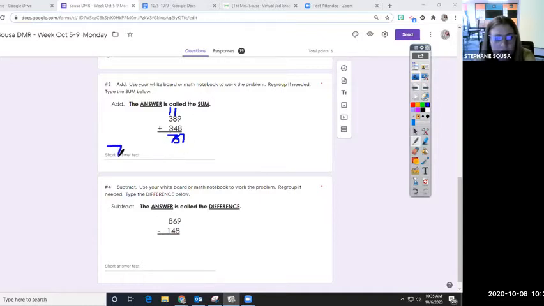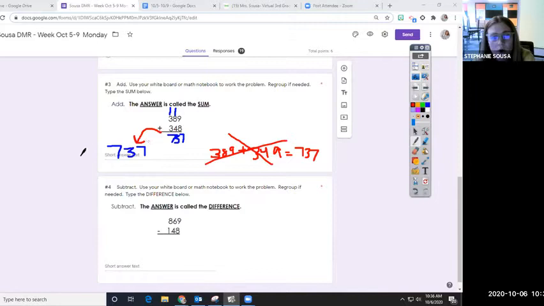So the answer that you should have typed here is 737. That's it. If you typed the whole problem, 389 plus 349 equals 737, even though you're right, that's wrong because the Google form only wants the answer. So only put the answer on these problems, okay?